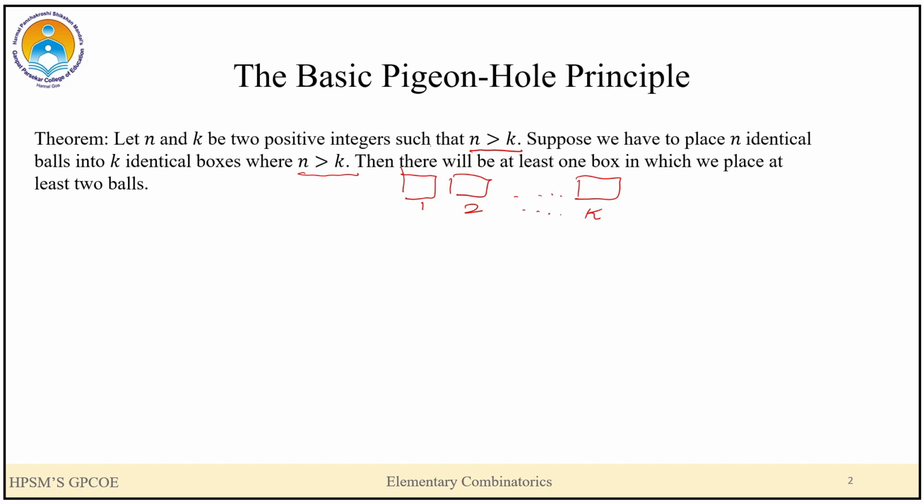Now, in order to prove this theorem, we will be taking help of the method of contradiction. So we will say that suppose there is no box in which we will find at least 2 balls. So in that case, what options are left with us are either there will be 0 balls or there will be maximum 1 ball in it.